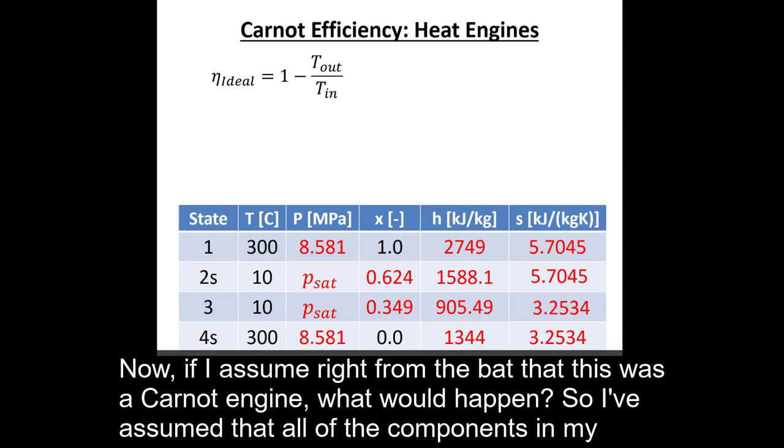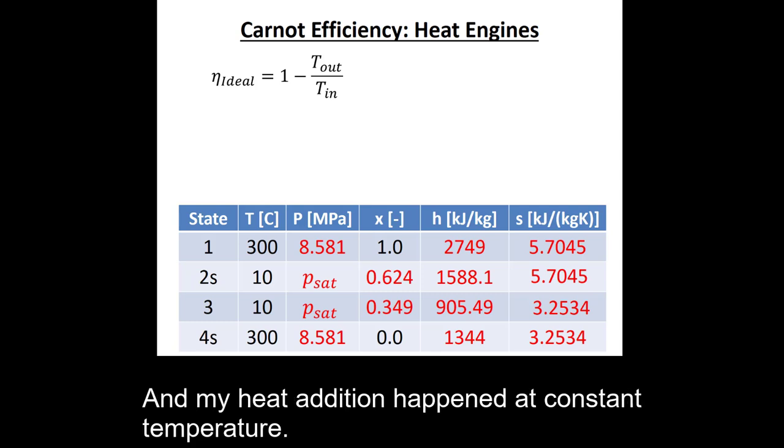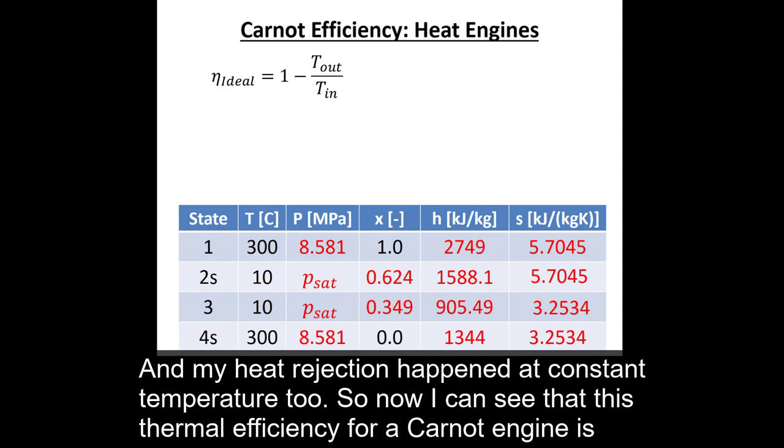Now, if I assumed right from the bat that this was a Carnot engine, what would happen? So I've assumed that all of the components in my system are ideal. None of them are generating entropy. And my heat addition happened at constant temperature, and my heat rejection happened at constant temperature too.